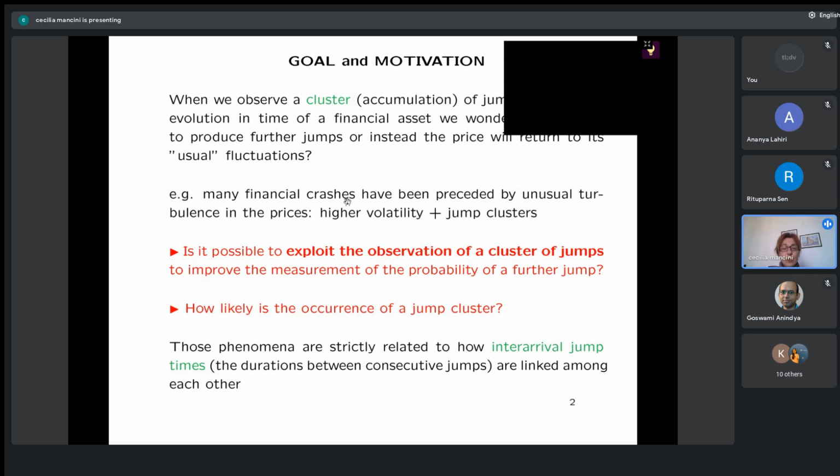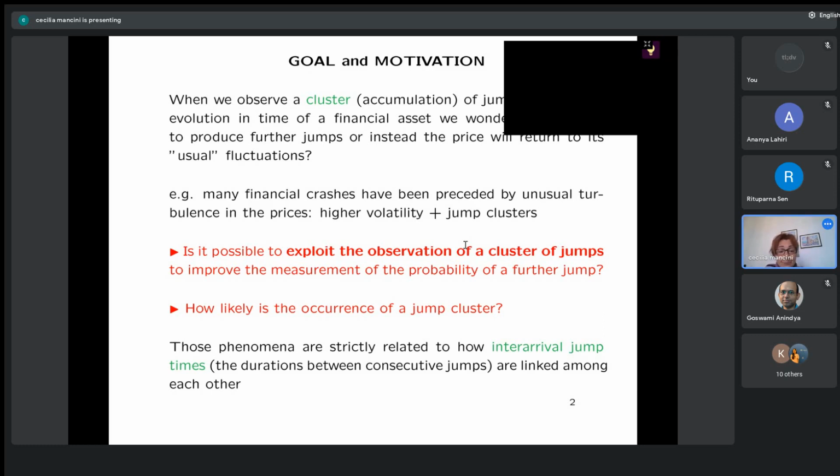So, in view of this, one asks: is it possible to exploit the observation of a cluster of jumps to improve the measurement of the probability of the occurrence of a further jump?